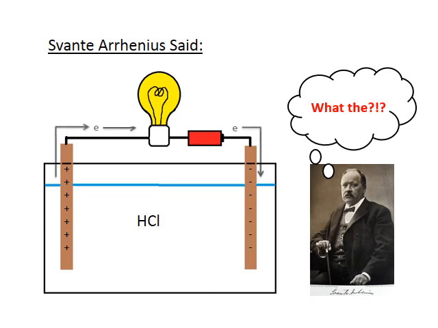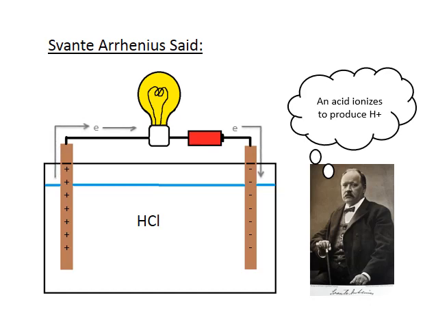So if it's conducting electricity, there must be ions present, and since there are only two atoms involved in this compound, these must be breaking apart to form ions. So what Svante Arrhenius said was that acids ionize to produce H+ ions, or hydrogen ions.